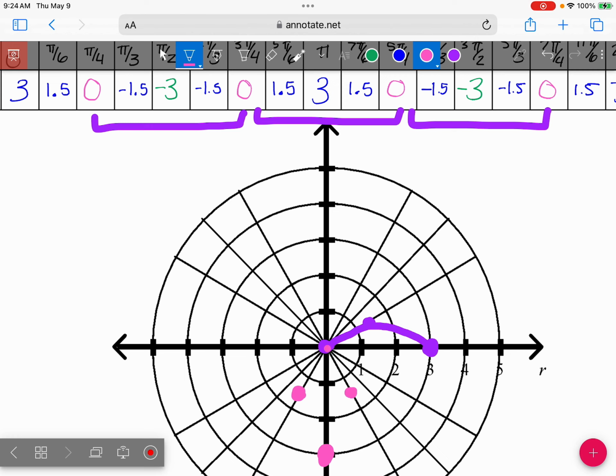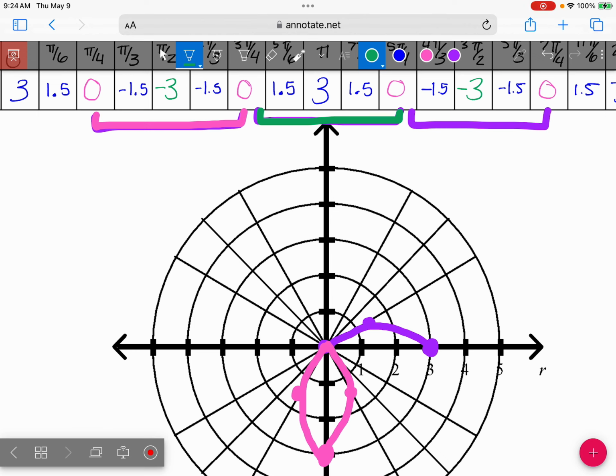And then our 3 pi over 4 gives us a 0, so we're at this petal. This is the one I just did in pink. That was this guy. I'll do this one in green, just so we can see where I'm getting these pieces from.